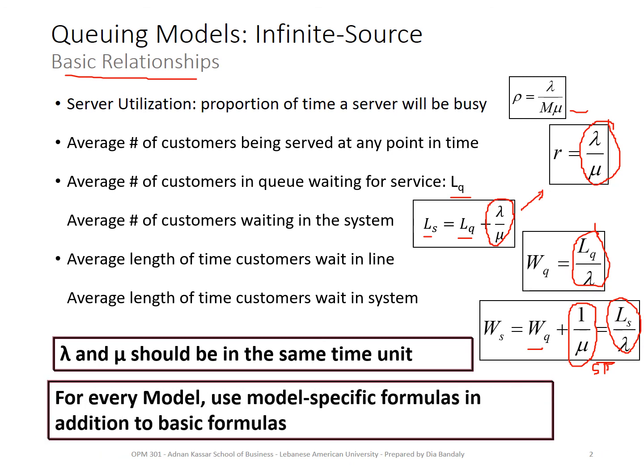And finally, these basic relationships apply for the two models, the single and the multiple. So in addition to the formulas that will be specific to the models, we can use these basic formulas at any time. All right. So even if you don't know what model you have in hand, you can use these basic relationships, as we're going to do, in fact, in the next problem.